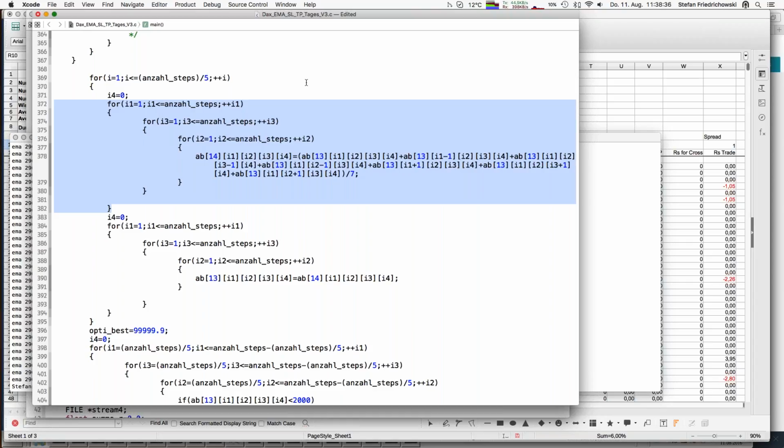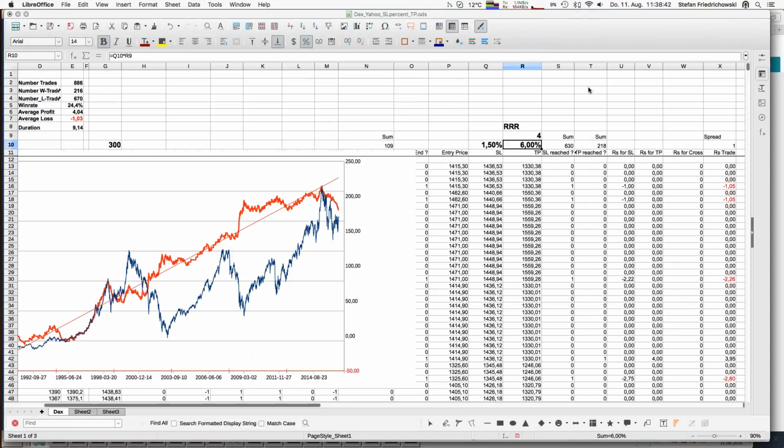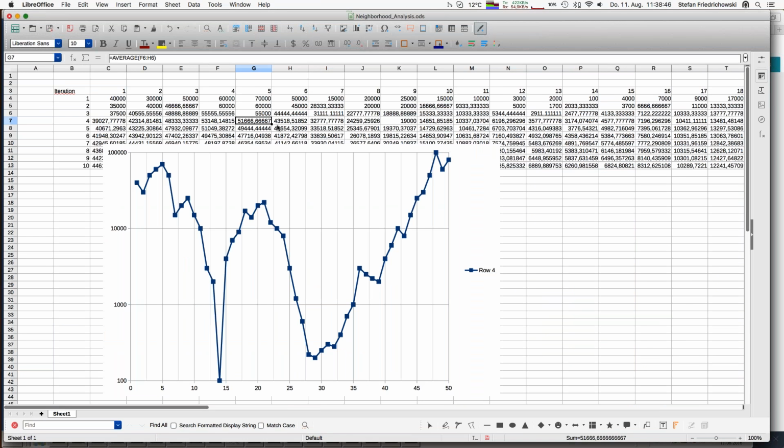In this case, I go here for 20 iteration steps. So what I do here is the same like here, but in a 3-dimensional space, and I go until the iteration of 20.